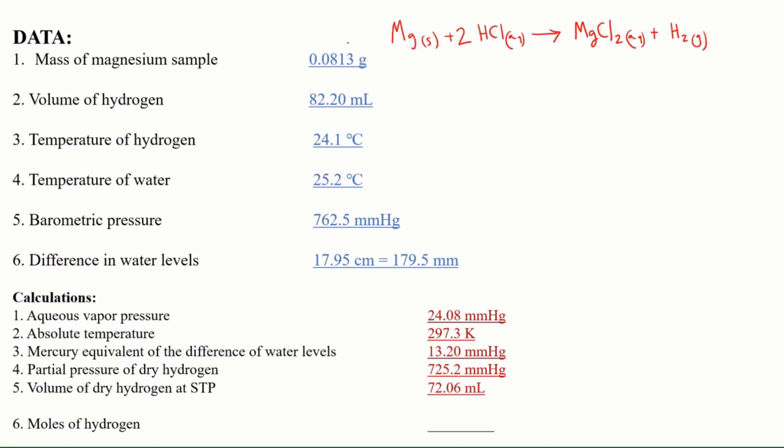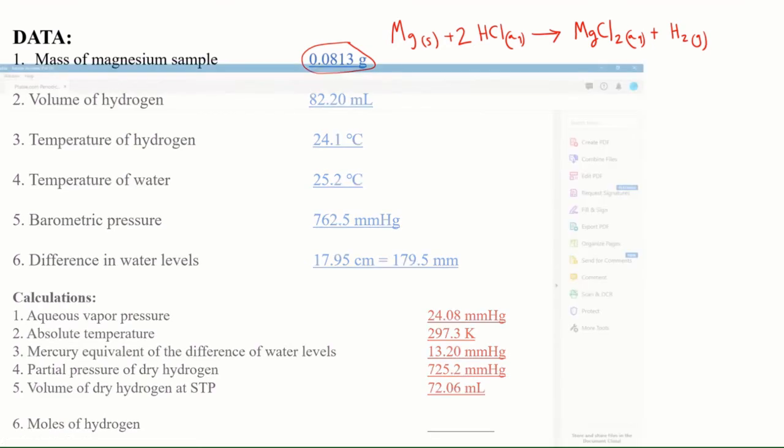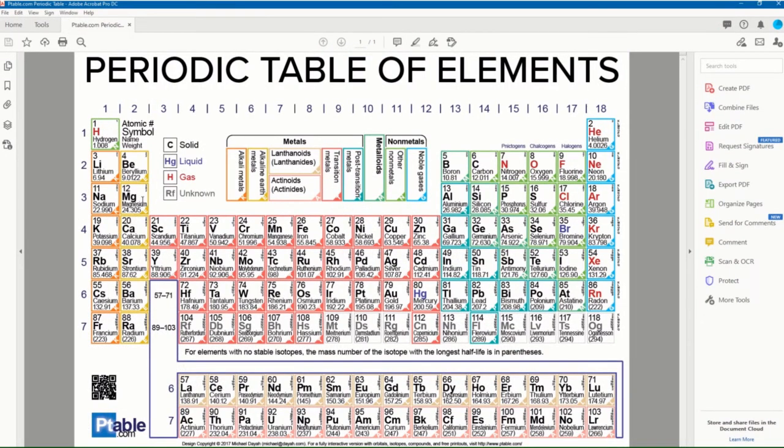Now we could obtain the moles of magnesium from the mass of magnesium. We are missing the molar mass of magnesium, so we need to go to our periodic table, and if we look under magnesium, we see that the molar mass of magnesium is 24.305.